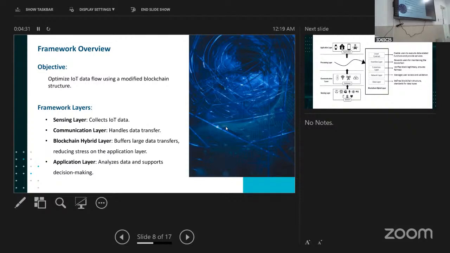We use it as a buffer for the data, just to make the processing of the data much easier, or give us some room for the data to be analyzed before going to the last layer, which is the application layer for decision making and performing the service.